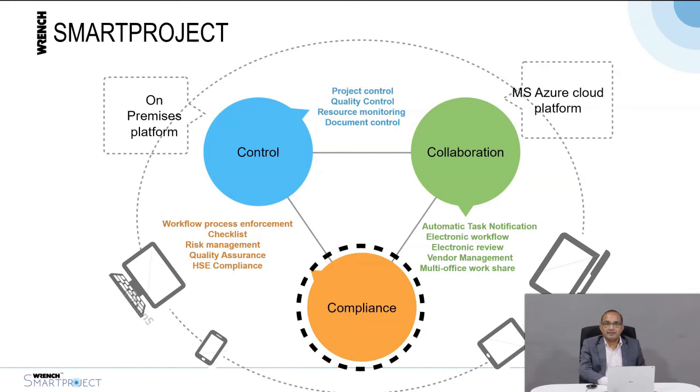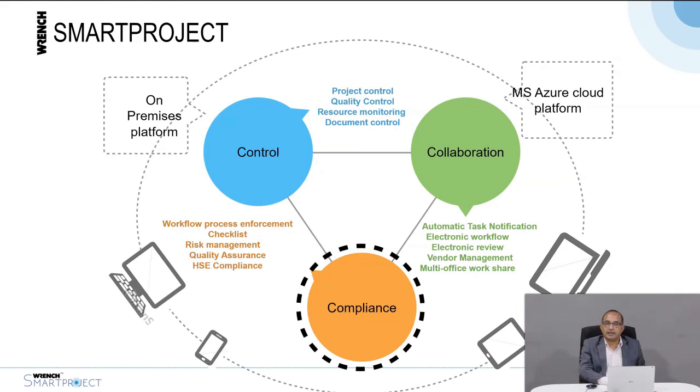To sum up, Wrench Smart Project provides an engineering consultancy firm 3 C's. The first C is control: project control, quality control, resource control with monitoring, and document control. The second C is collaboration. It provides electronic notifications through workflows, digital collaboration.